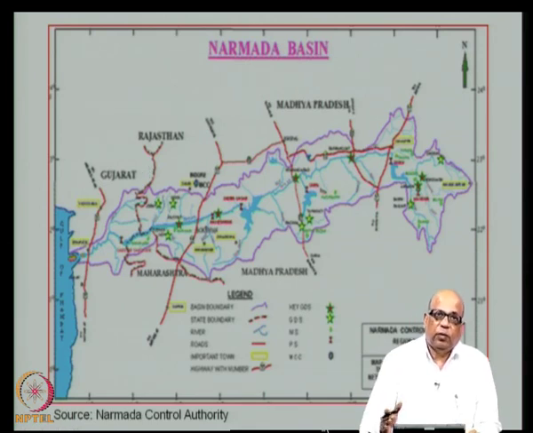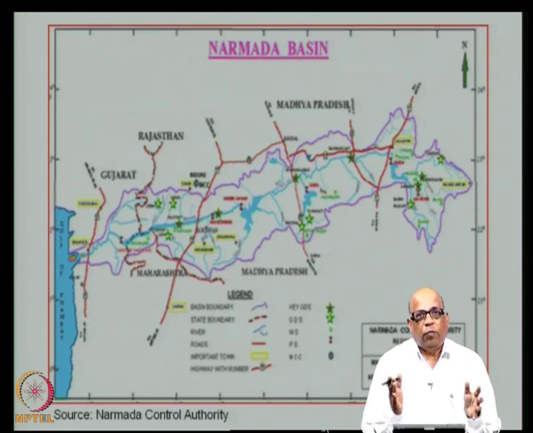However, when we do this large scale river basin systems analysis, we need to keep in mind that the objectives of development and the objectives of environment protection as well as ecological integrity of the system are often conflicting.